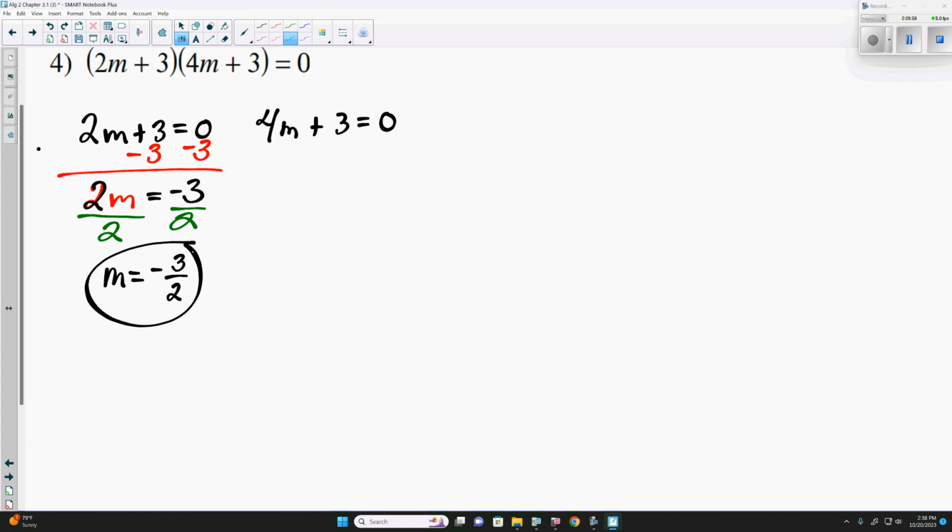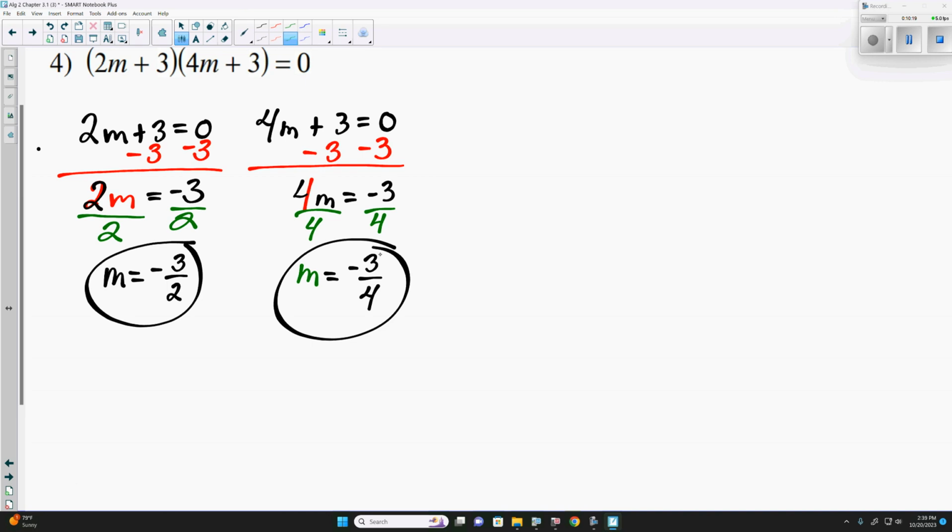How about the other equation? Yes. Or negative 3/4.